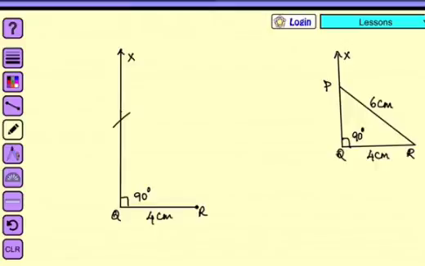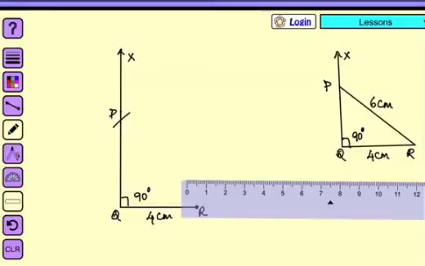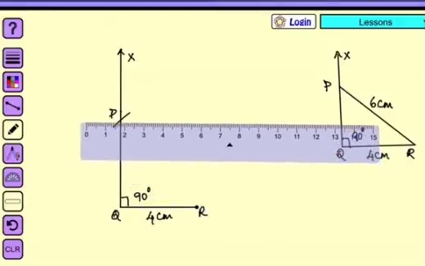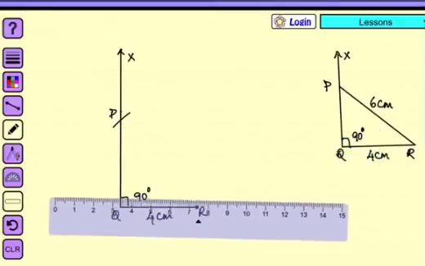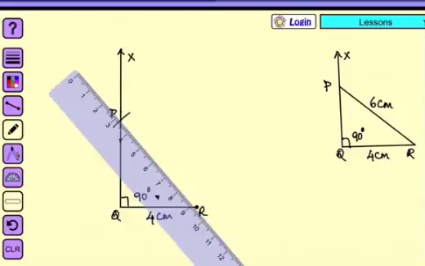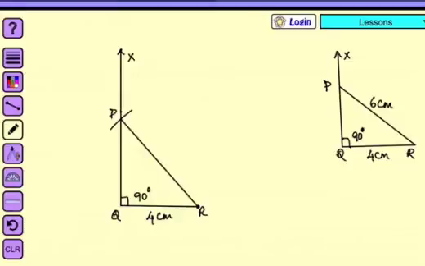So this point which cuts QX, we will name it as P. And we will have to join PR. Understood, children? We will have to join PR now. Now we'll have to write the measurement 6 centimeters. This completes the construction, children. I hope all of you have understood.